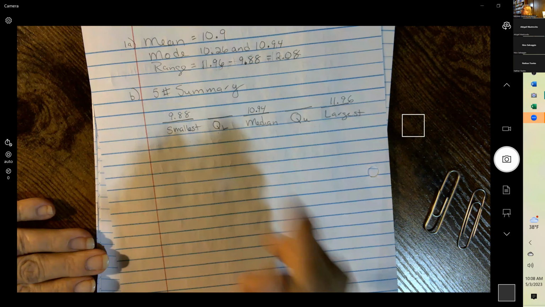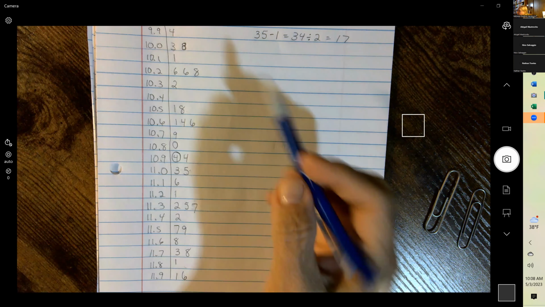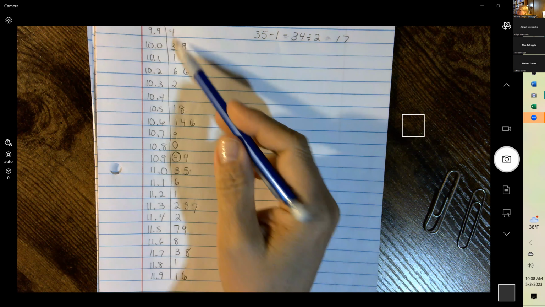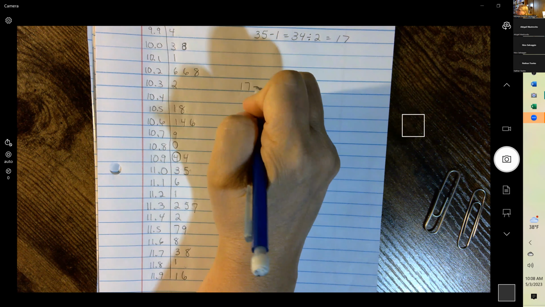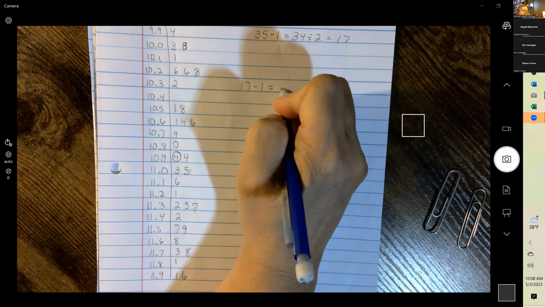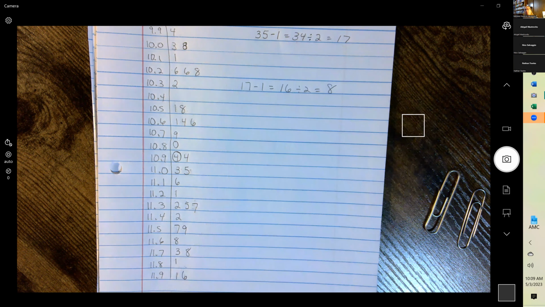For the lower and upper quartiles, you do the same thing, except it would be below. So that's 17 or below. Take out the 1 in the middle. Divide it by 2, and there's 8 on each side.